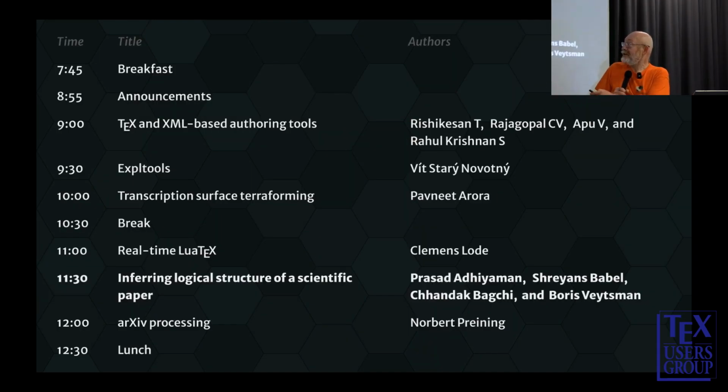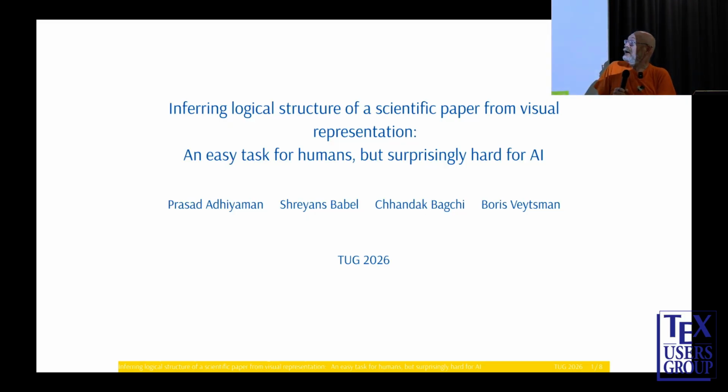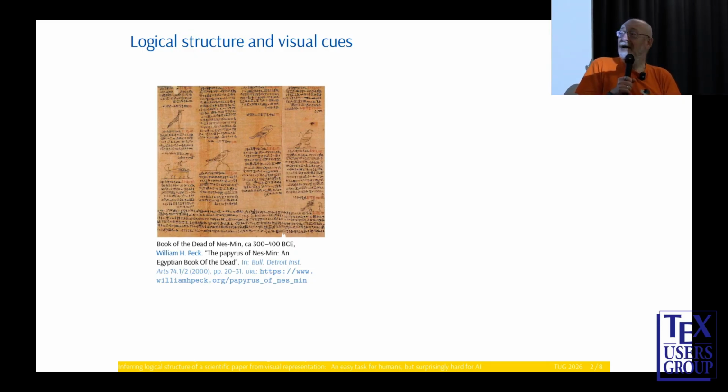So, let's start with this. What you can see here is the Book of the Dead. This is papyrus from ancient Egypt. You probably don't know Egyptian enough to read this, but if you look at it, you see there is a 3-column typesetting, there is a text in black with some words in red, and it's split into paragraphs, and each paragraph starts with an ideogram.